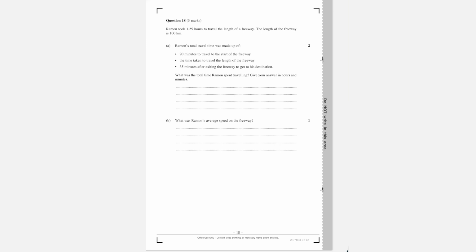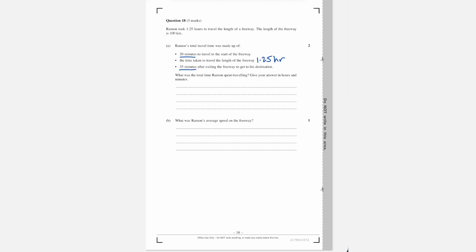All right, so we know that the time taken to travel the length of the freeway was 1.25 hours. So 1.25 hours is this bit. We're going to need to add it to this 20 minutes and this 35 minutes.